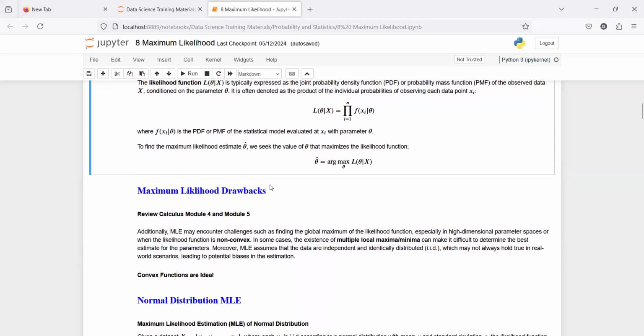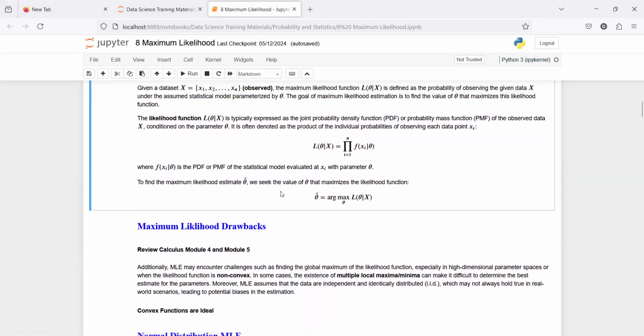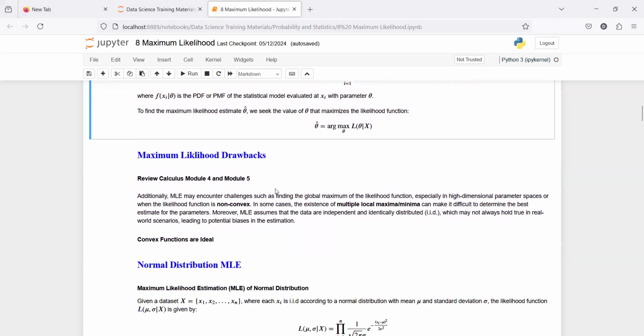Maximum likelihood drawbacks. Before you read this on your own, after this lecture, please review modules 4 and 5, just in case you've forgotten some of the ideas. Let's continue.